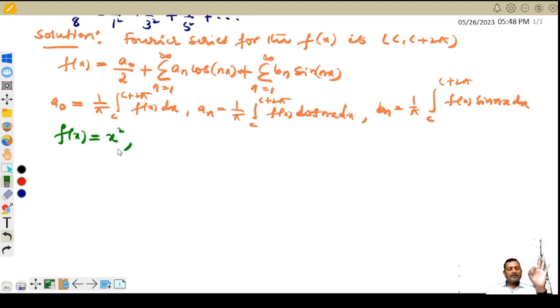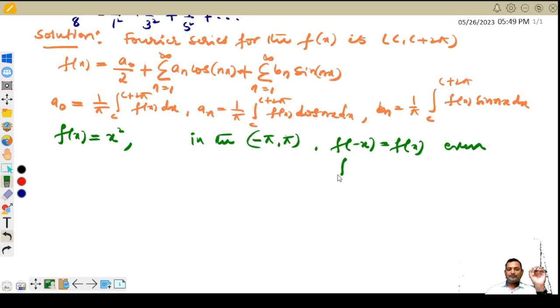How do we verify for an even function? Actually, in the interval minus pi to pi. So to verify for an even function, if x is replaced by minus x, if you get f of x, we say that it is an even function.